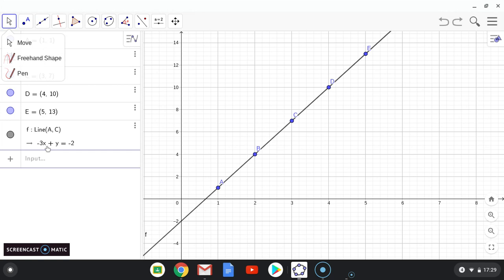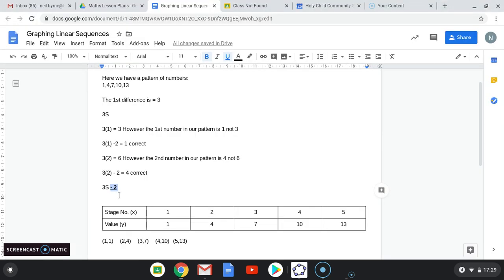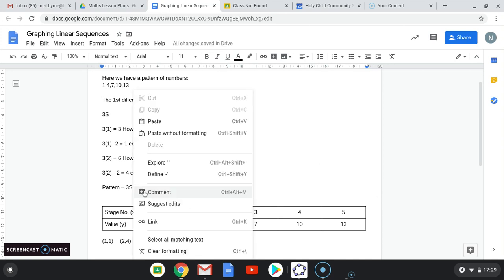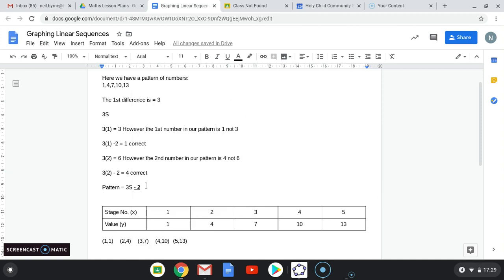We have -3x plus y is equal to -2. Well, if I use stabilizers on this equation here to get the -3x over to the other side, I would have y equals 3x minus 2. Or, as we have here, my pattern is equal to 3S minus 2. It's the same equation, folks.